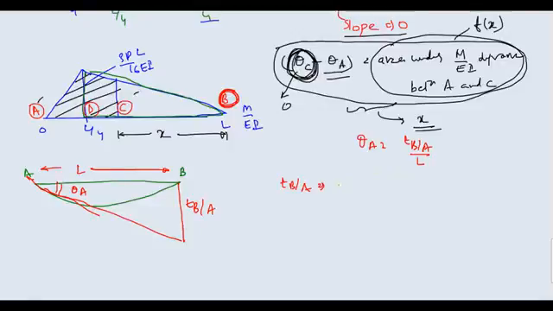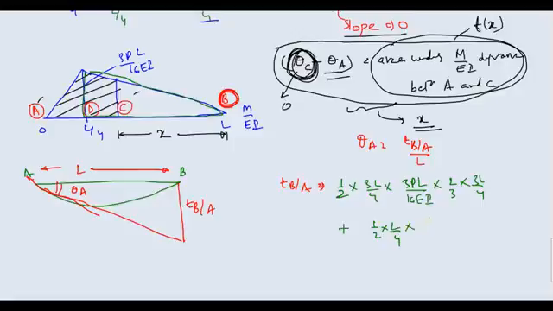The area of the first triangle is half into 3L by 4 into 3PL upon 16EI, multiplied with 2/3 of 3L by 4, plus the smaller triangle, half L by 4 into 3PL upon 16EI, multiplied with 1/3 of L by 4 plus 3L by 4.